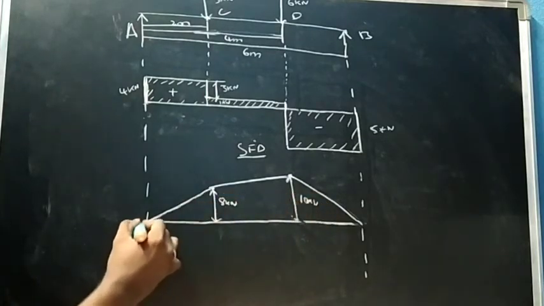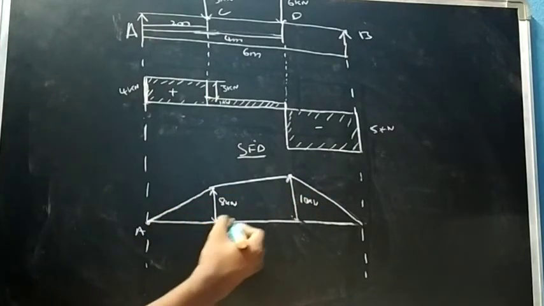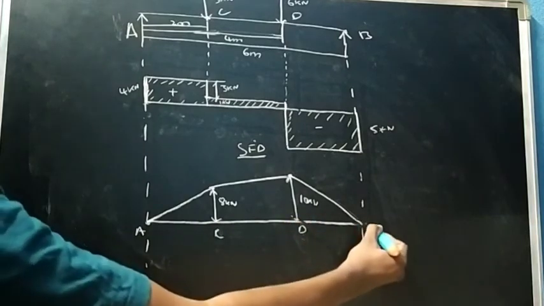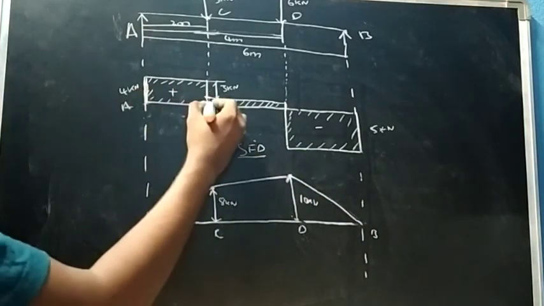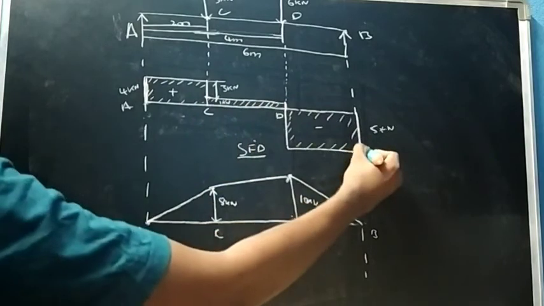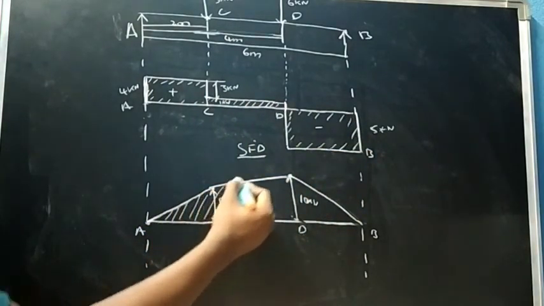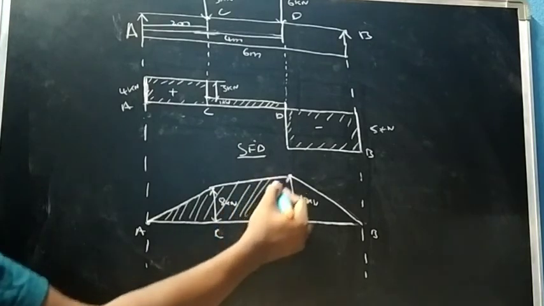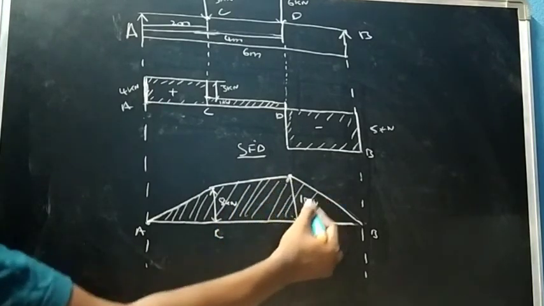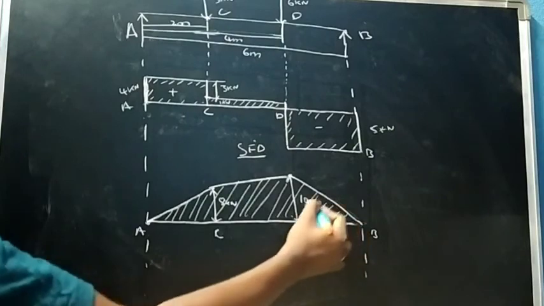Okay, let's give the names A, C, D and B. So this is your bending moment diagram. Looks interesting, right?